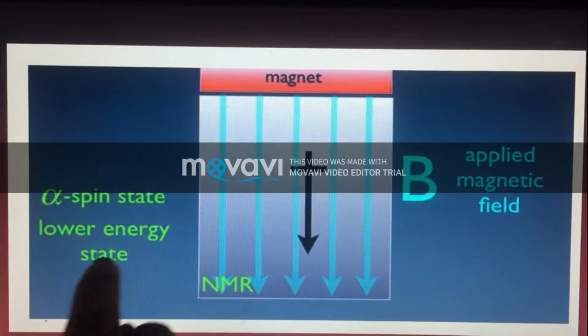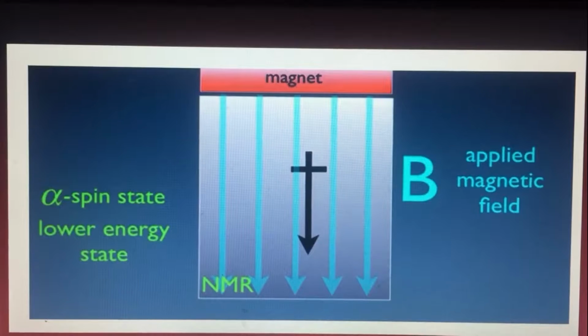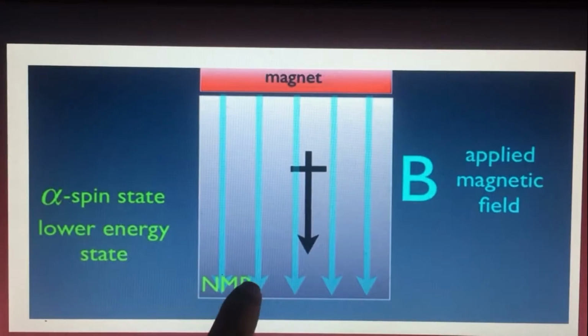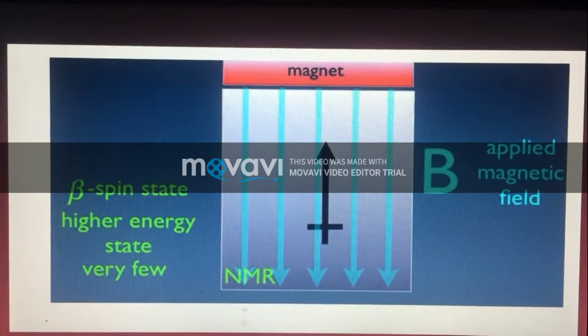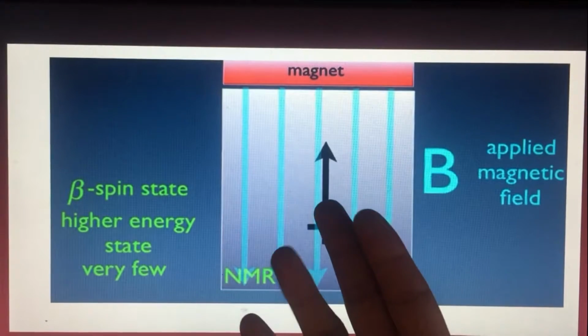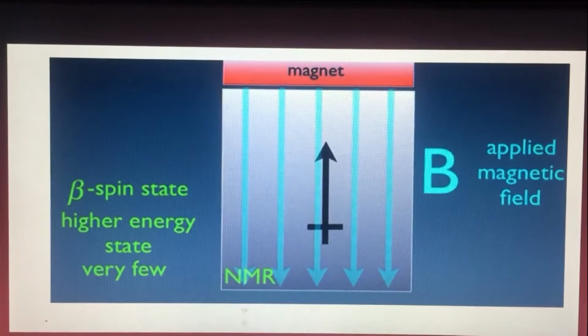This state has lower energy because it's oriented in the direction of the magnetic field. Okay, clear? Now, if nuclei get energy, suppose electromagnetic energy, they will orient opposite to the direction of the external applied magnetic field.